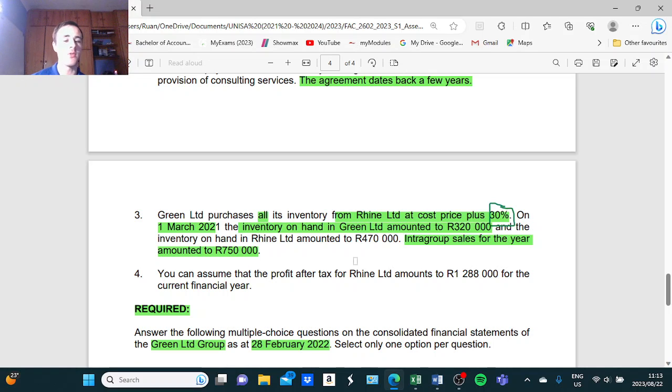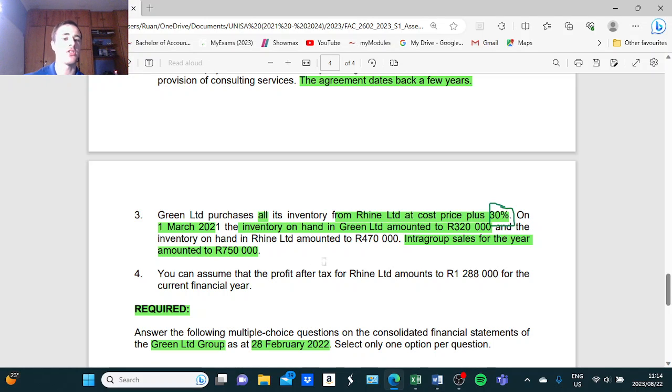So which amount do we use to calculate the unrealized profit? Again, it's important to determine which company sold the inventory and which purchased it. Green Limited has purchased the inventory, actually all of it. Therefore the inventory in Green Limited's records will include the unrealized profit, and not the inventory of Ryan Limited, because Ryan Limited has not purchased the inventory.